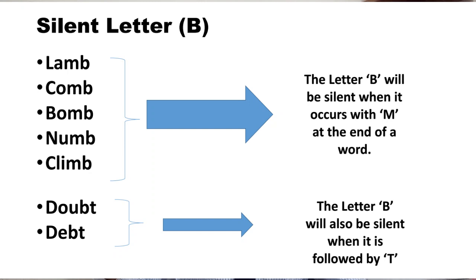There are many words in which B is not pronounced. Letter B means the sound B is not pronounced. For example, lamb, calm, numb, limb, climb, bomb, and there are so many other words like this.